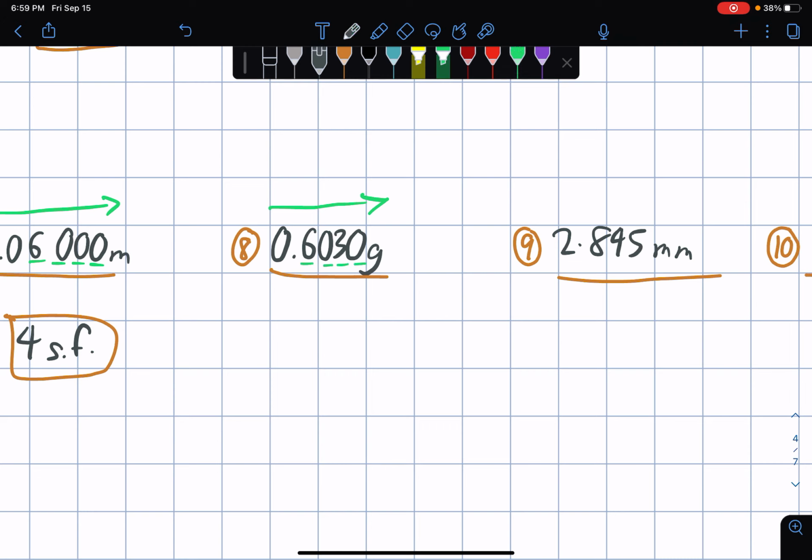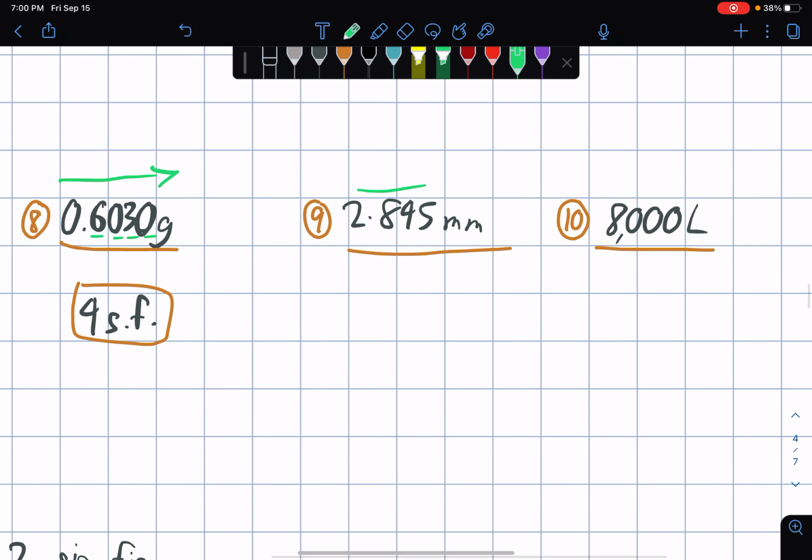Zeros sandwiched between integers that are not 0 are significant. And whatever is at the right side, if there is already a non-zero number, say 3 and 6, or any of those two, then the 0 after it is already significant. That's the policy for the ones with decimal points. So here we have 4 significant figures.